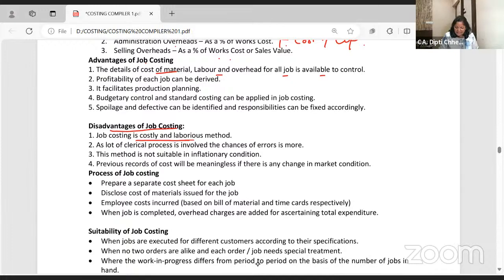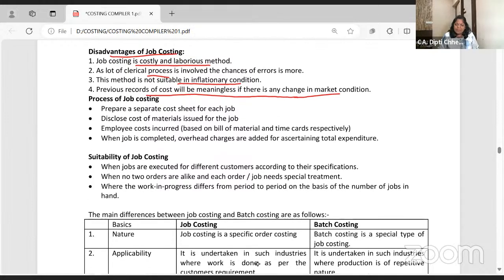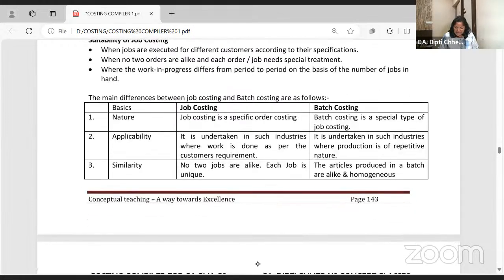And it is clerical. In an inflationary situation, this is not suitable because in job costing you might charge on a predetermined rate, and if things have become costlier, like in contract costing, that is why we have an escalation clause. Previous records of cost will be meaningless if there's a change in the market. So you need to update your job costing standards.